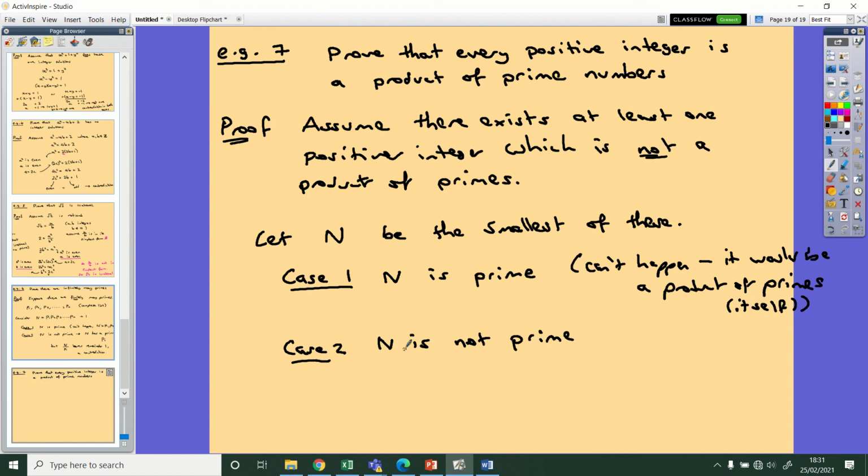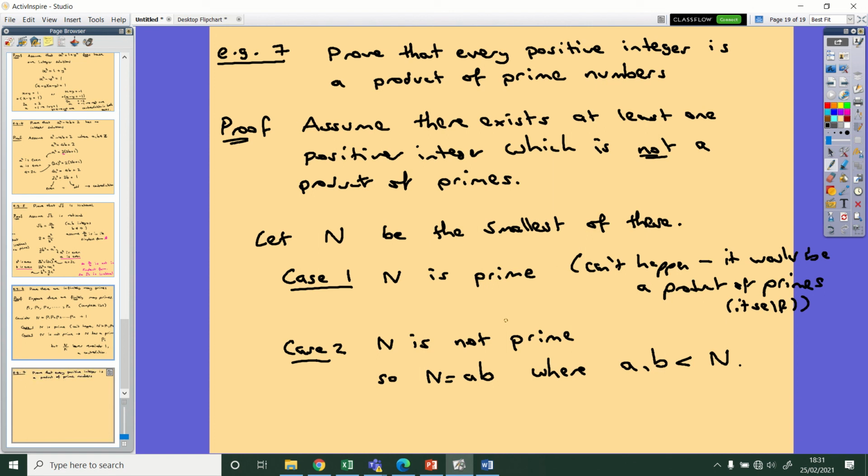Okay, so then if N is not prime, that means that it's got factors, both of which are smaller than N. So I can write A and B. A and B are the factors of N, but crucially, they're both smaller than N. If you think about a composite number like 10, you can find two factors, 2 and 5, that are both smaller than that number 10.